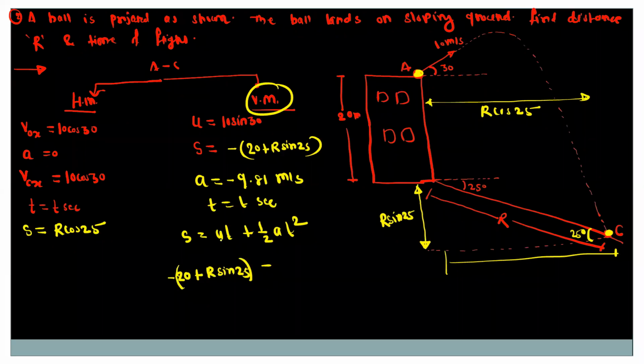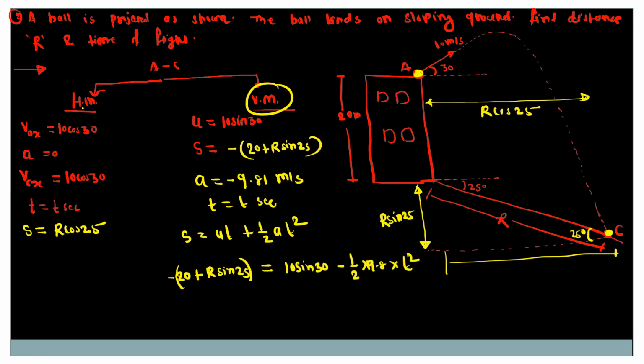This is equal to initial velocity 10 sin 30 minus half 9.81 t square.